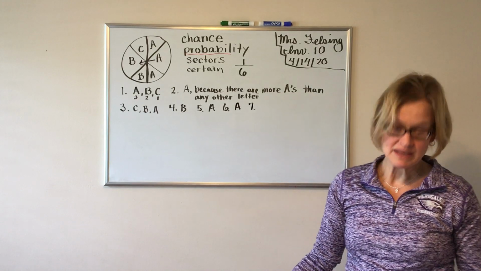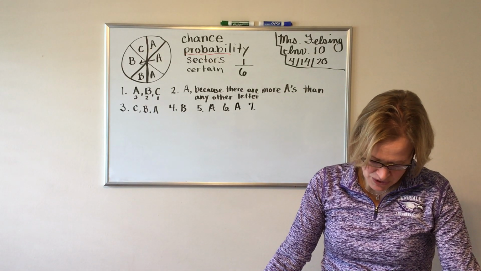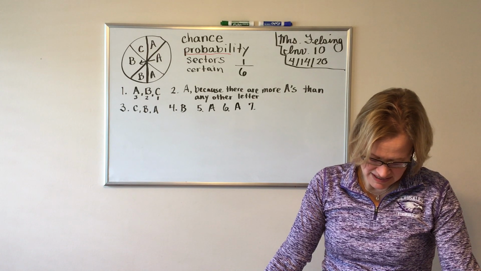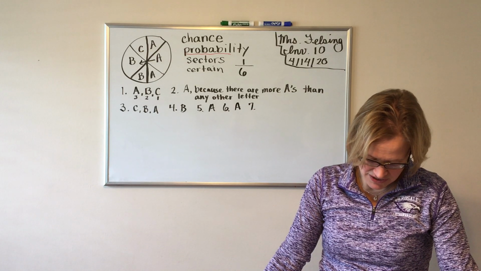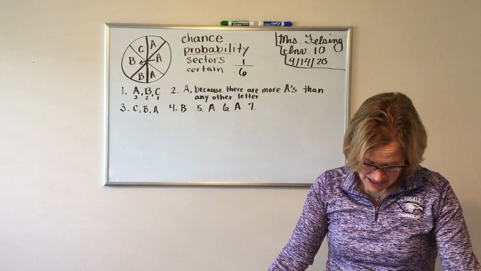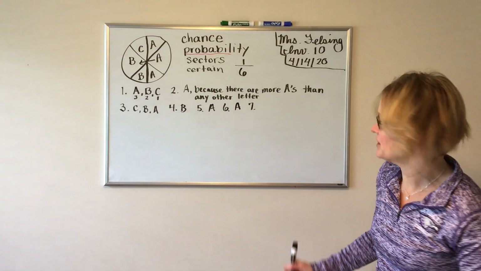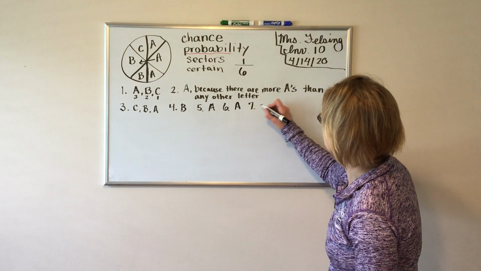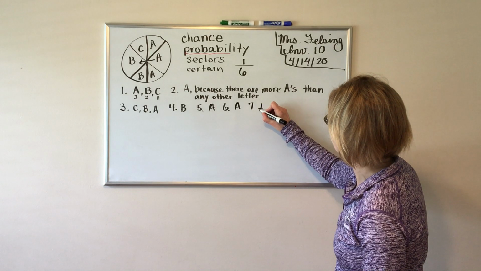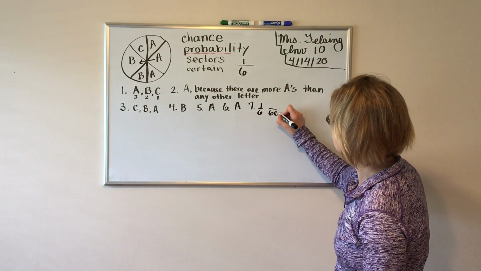Number 7. In 60 spins, about how many times should we expect it to stop in sector C? And they have about 6 times, 10 times, 20 times, 30 times. Well, let me show you a way to figure that out. So we originally said that fraction would be 1/6. And now they're saying in 60 times.